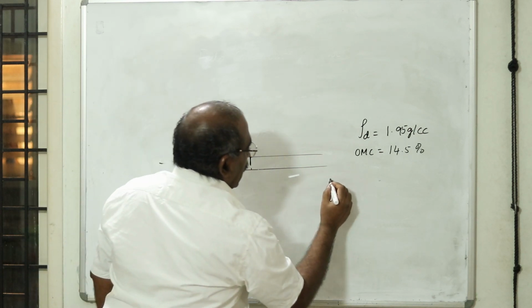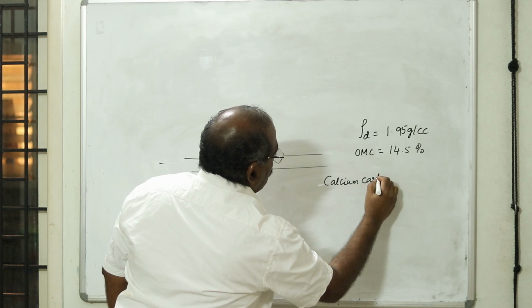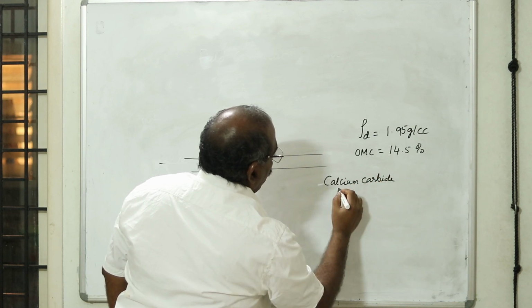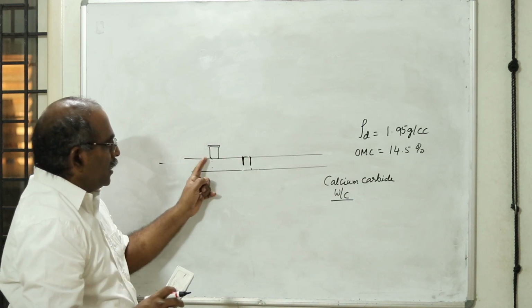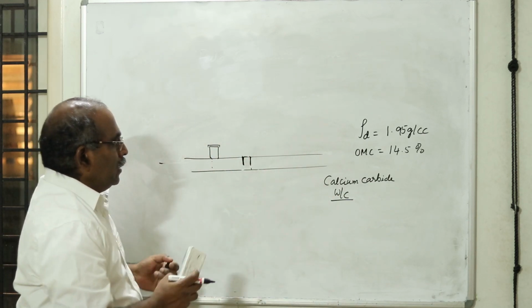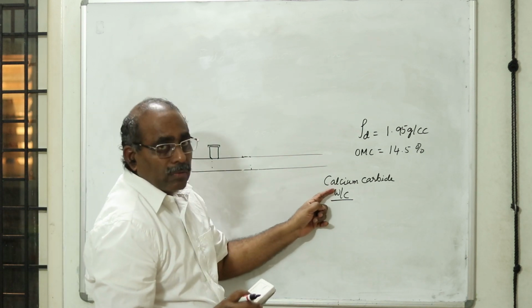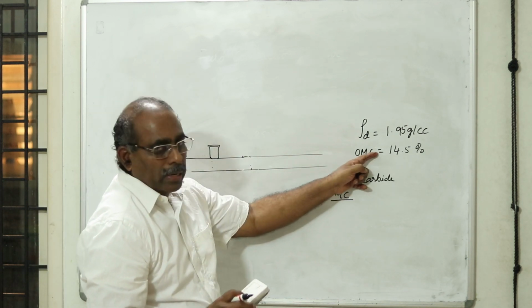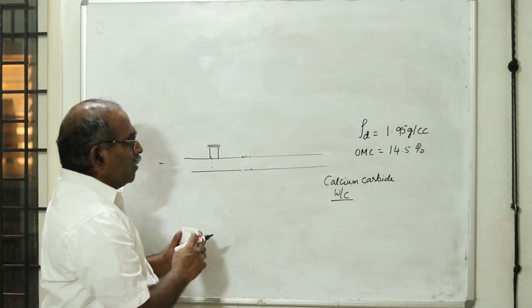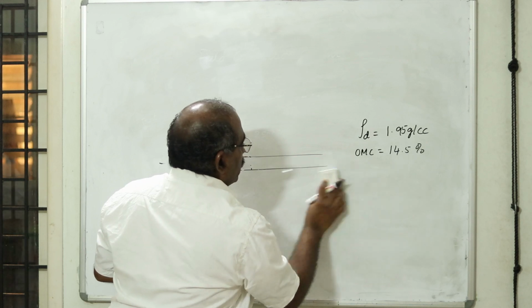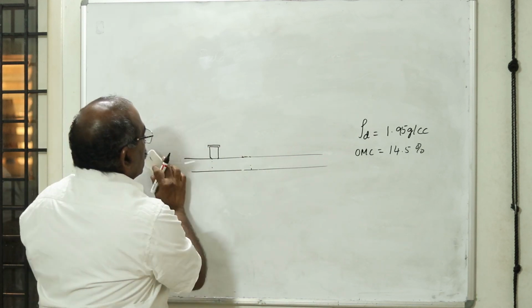Now we can use the calcium carbide method as a quick method to determine the field water content. Thereby I get my density and the water content that is achieved. Now we can compare the water content achieved with what is required. Now if it is not achieved, then we need to ask the contractor to do more number of rolls. That is the second aspect.